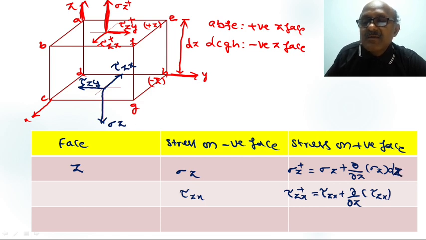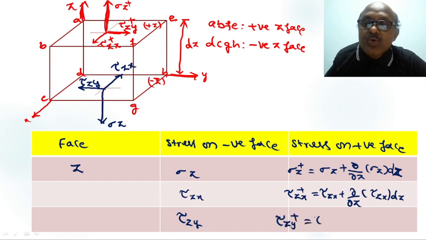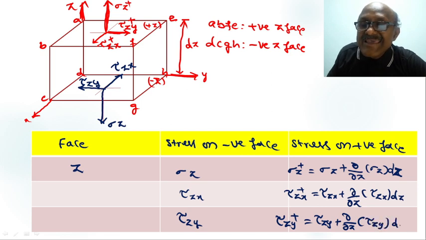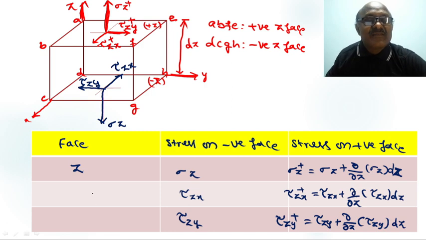So into dz, per unit distance, and for dz distance, multiplied with dz. Now similarly here also, what is tau zy? That is tau zy plus, equal to tau zy plus dou by dou Z of tau zy into dz. All of you clear, my dear students?